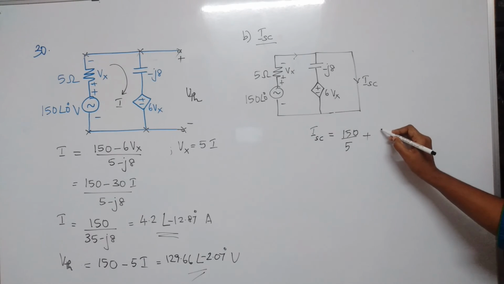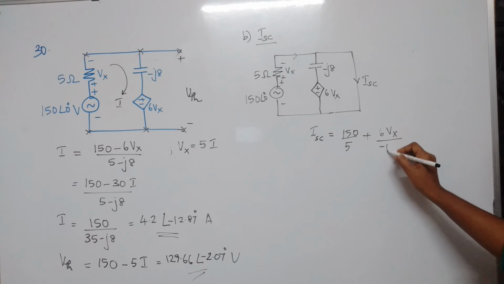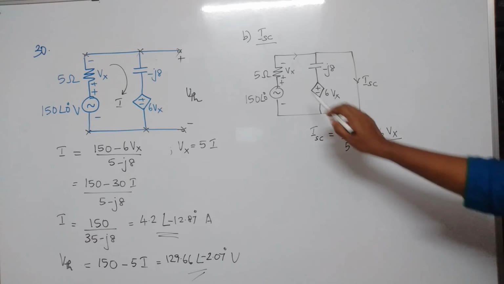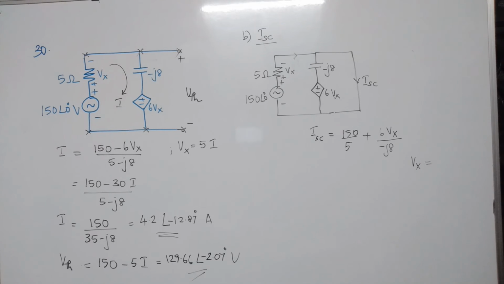It is 6Vx by minus J8. Now what is Vx? Vx is drop across this. 150 by 5 is the current flowing through that branch, into that resistance 5.